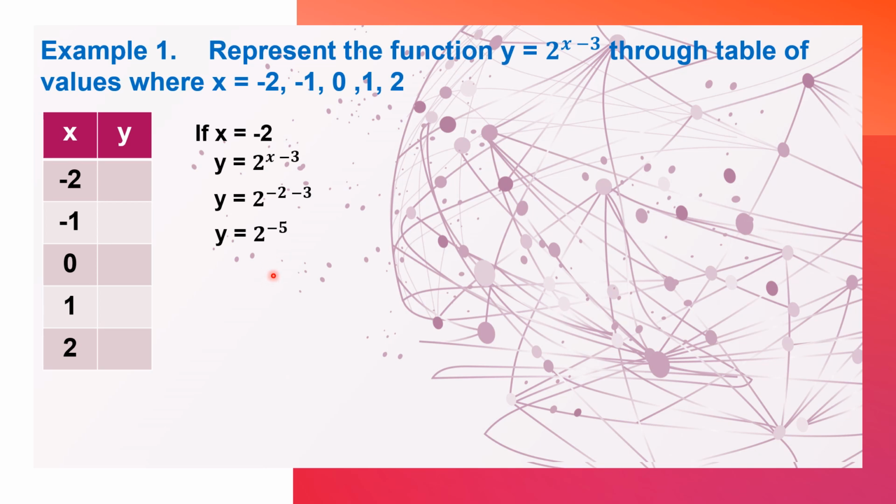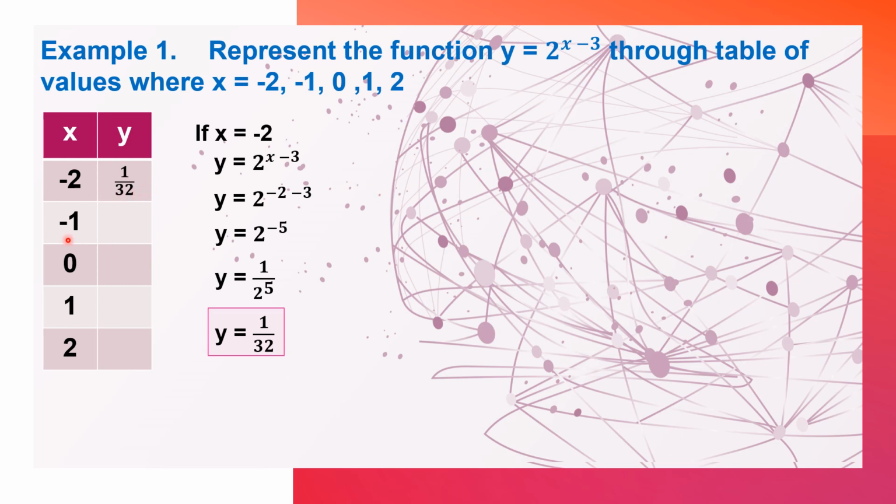And the numerator is always 1. So the numerator is 1, then I place 2 raised to negative 5 sa denominator, kaya naging positive na yung ating exponent. So, 2 raised to 5 now is equal to 32. So, y equals 1 over 32. So, if our x now is negative 2, the value of y is 1 over 32.